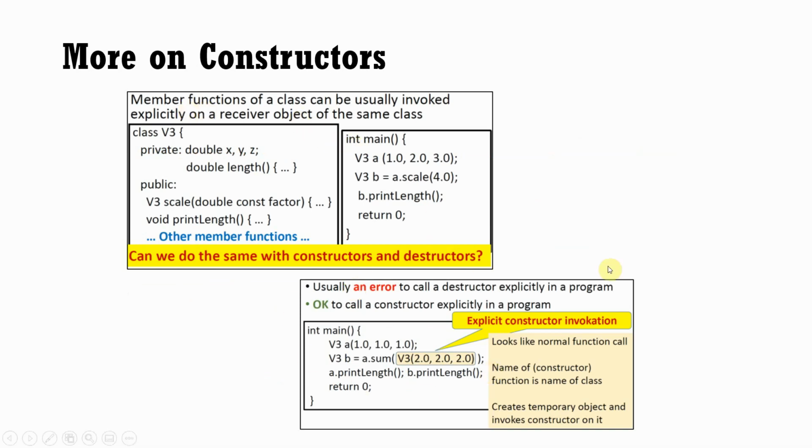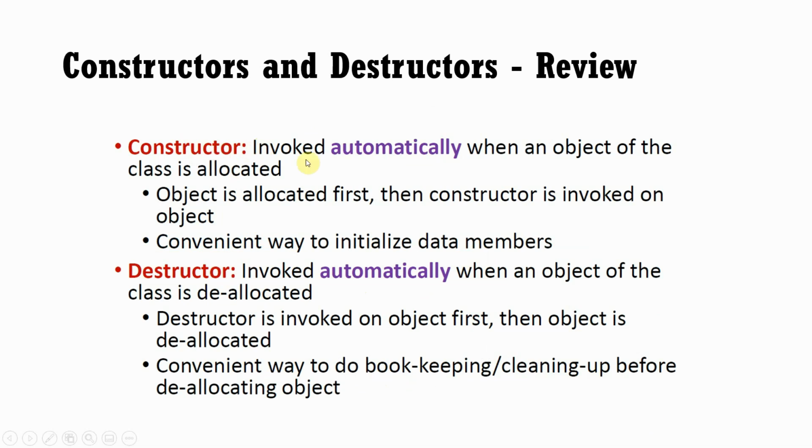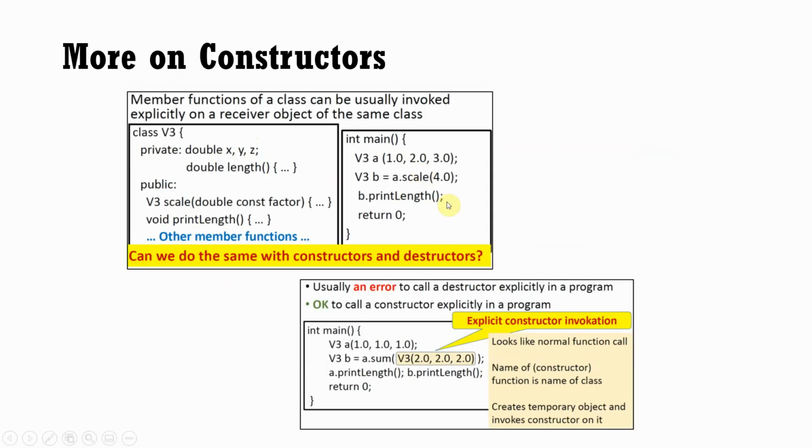One other thing that is a review for you: we mentioned that constructors are invoked automatically. In many cases, we can explicitly call the constructor. Member functions of a class can usually be invoked explicitly on a receiver object of the same class. For example, here you see I have this expression.